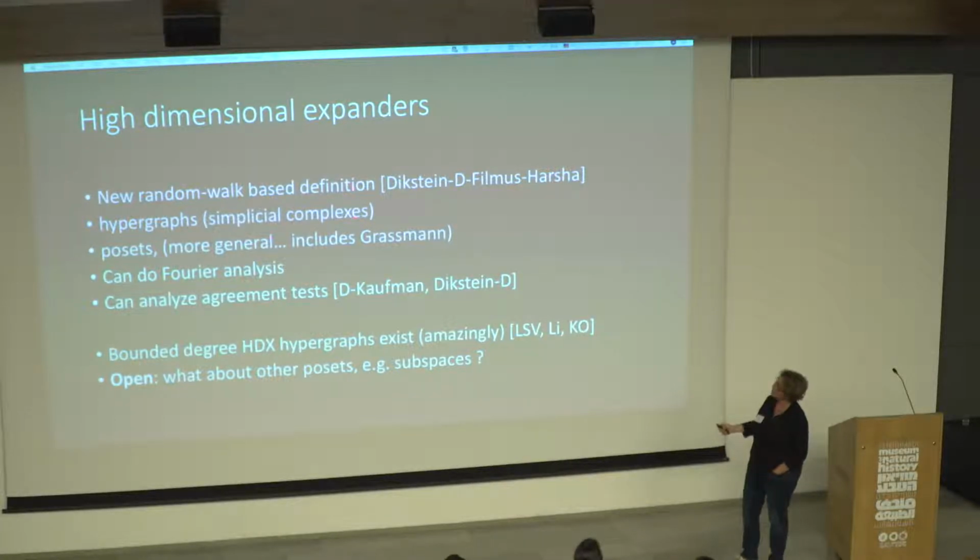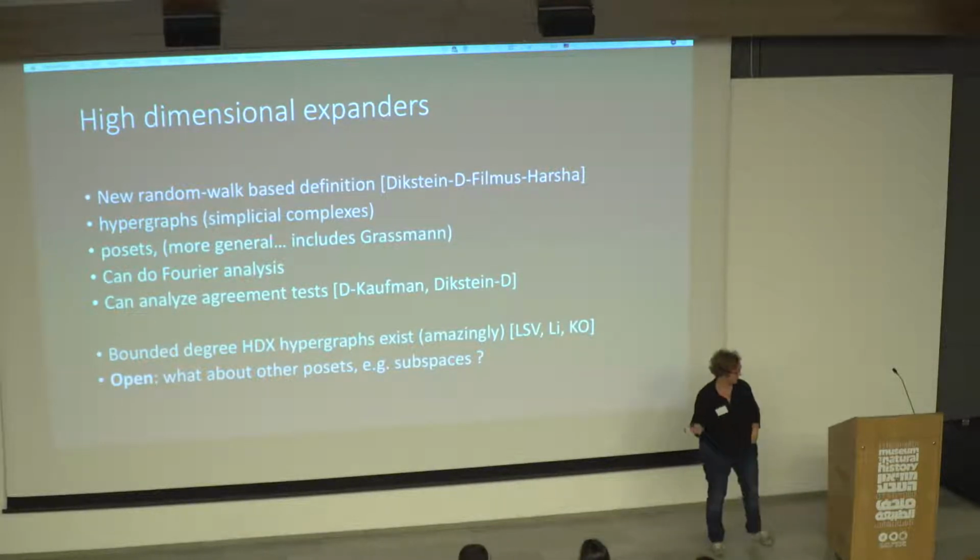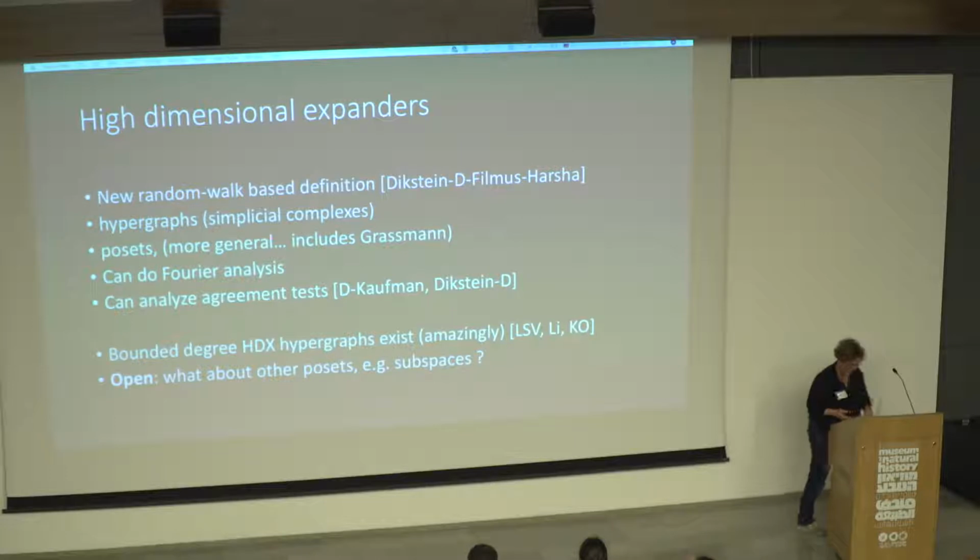This definition is not only a definition that works for hypergraphs, it also works for example for collections of subspaces. So you can ask whether an analogous bounded degree Grassmannian object exists, and this is something I might talk about at the end of my talk, depending on if I have enough time or not.